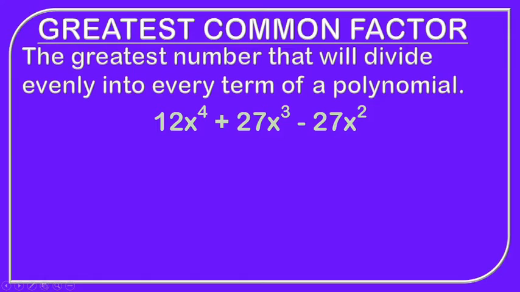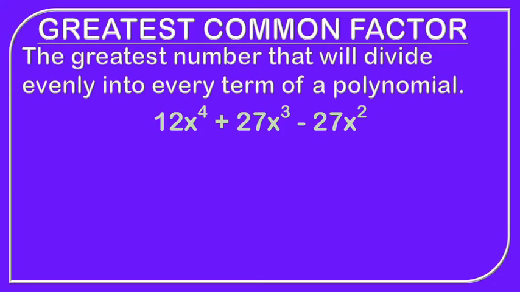The greatest common factor is the greatest number that will divide evenly into every term of the polynomial. But not just the biggest number, we also want to know the largest quantity of x's that will go into each term. So when we started learning this, we started out by doing factor trees and writing down the prime factorization.